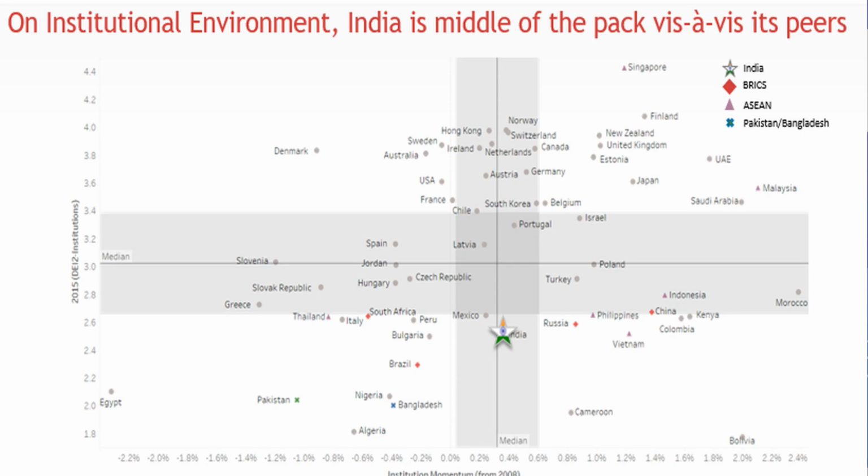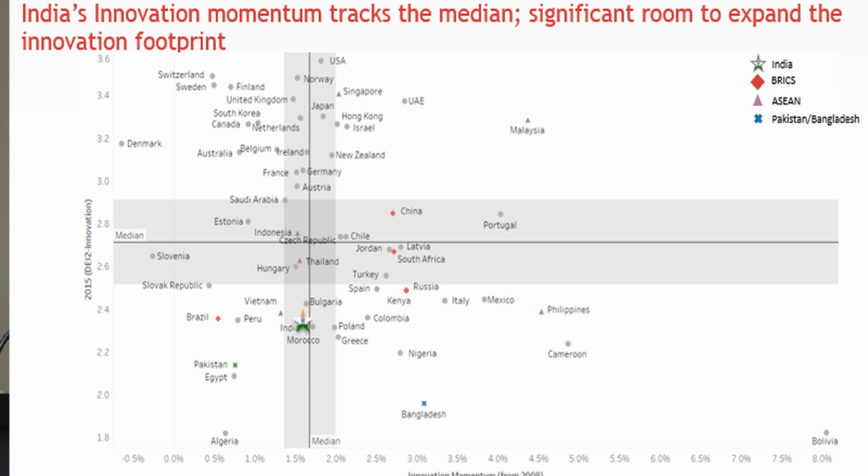But when you look at the institutional environment in India, that's where it is right at that median. So if we are to think about where we need to do some major investing in change, it's in the institutional environment and what I would call the innovation environment, which is also right in the middling. If I want to accelerate the momentum for India, those are the two places that need a lot more transformation than we currently have.